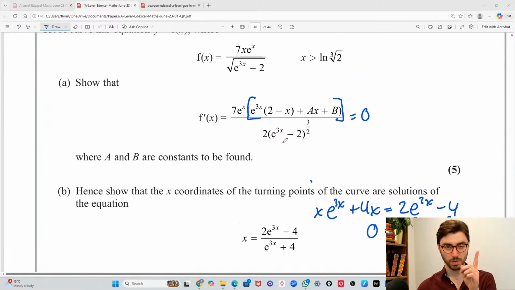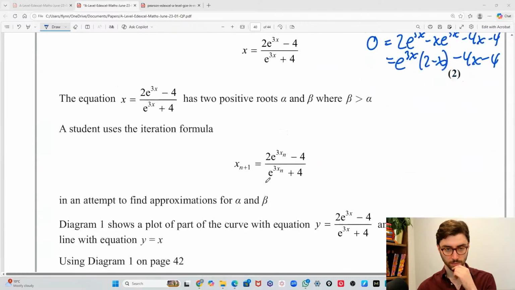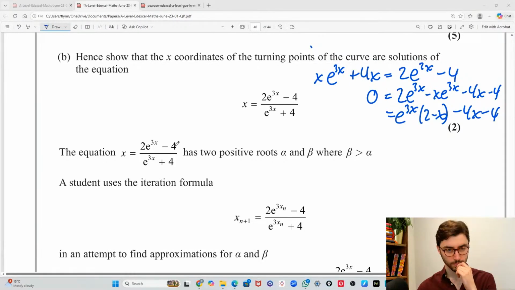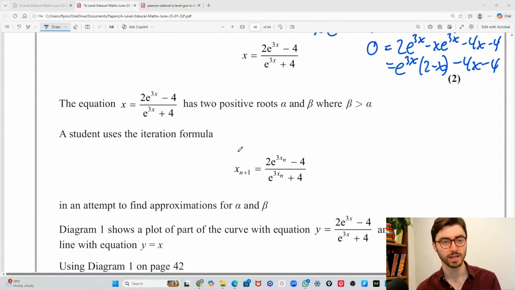So I think I should be plugging this into f dash of x and showing that there's a sign change. Or maybe, if this has two positive roots, I plug it into here and get a sign change. I'm going to try this first because that looks less disgusting.